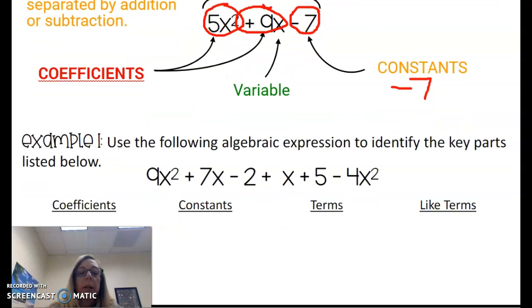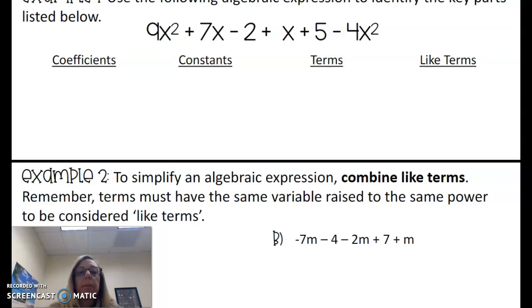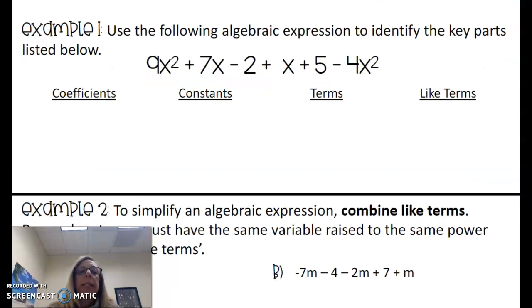Let's take a look at this first example. It says, use the following algebraic expression to identify the key parts listed below. Well, the first thing we're going to do is write a list of what our coefficients are. Now, if you look at our definition for coefficient, coefficient is always the number that is being multiplied by the variable.